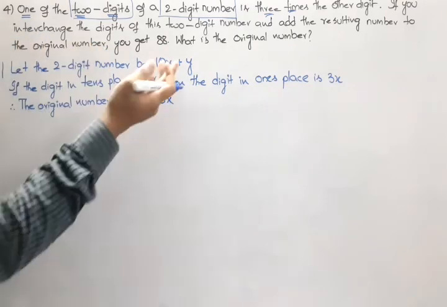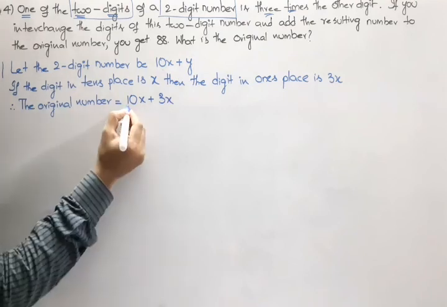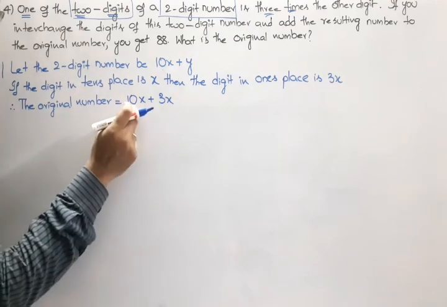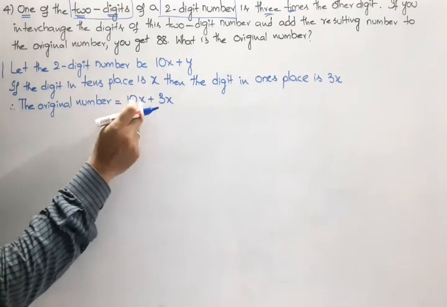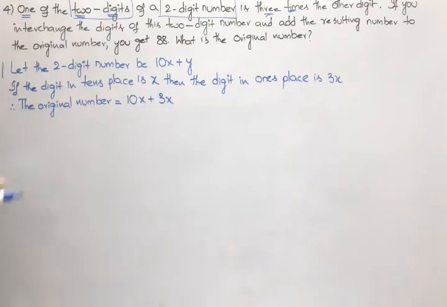If you interchange the digits, please be careful, this 10 is only the place value and not the number. So if we interchange the digits, what is going to happen?